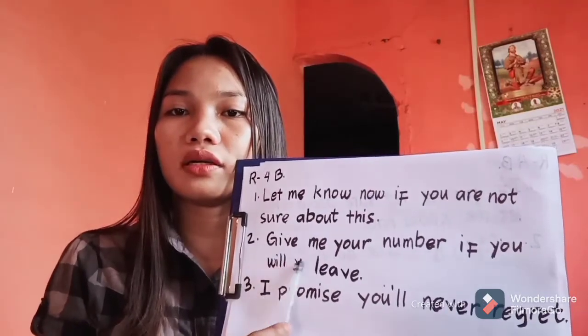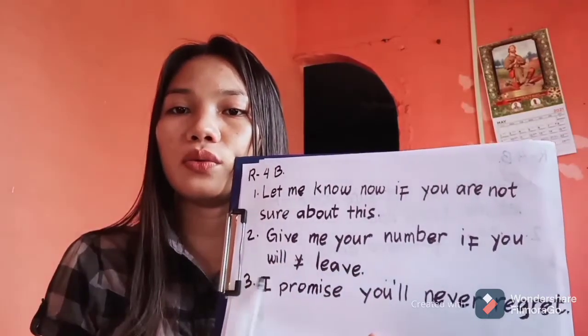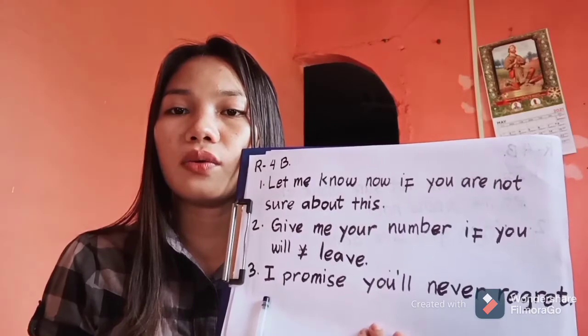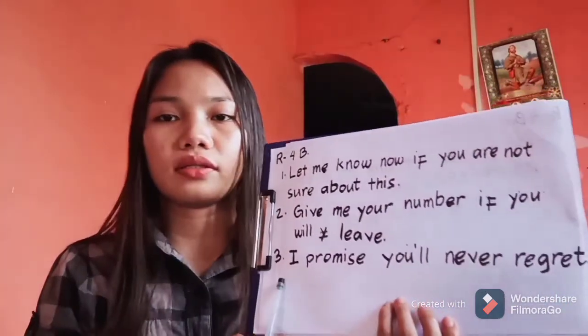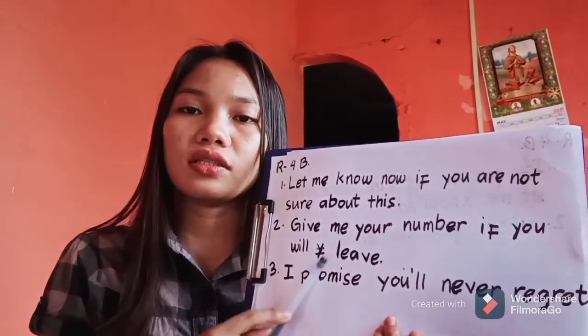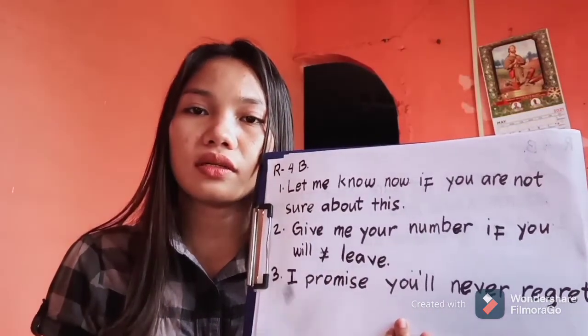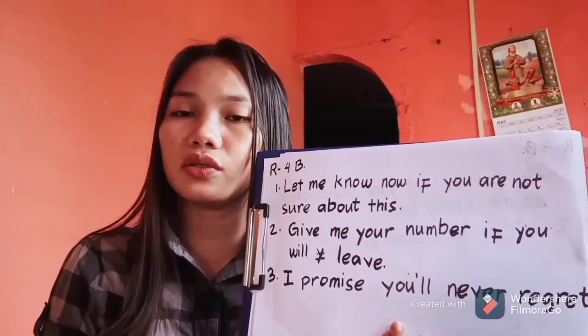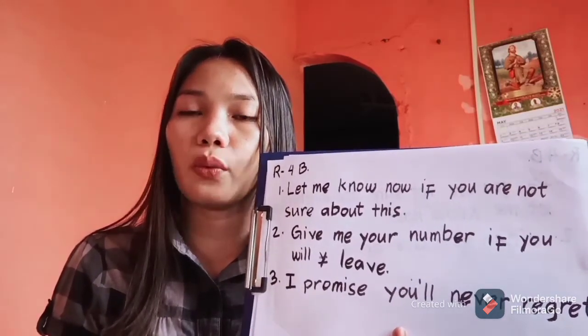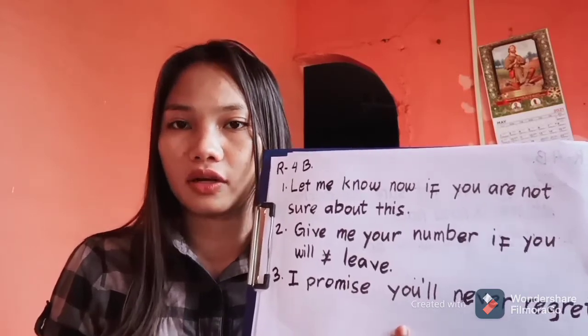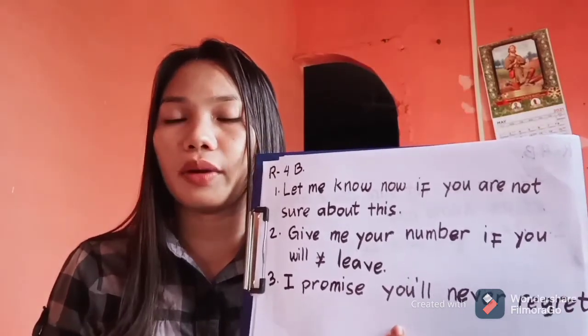Another example, give me your number if you will leave. Another one, I promise you'll never regret. All of these sentences didn't use the comma because the sentence starts with an independent clause followed by the dependent clause.